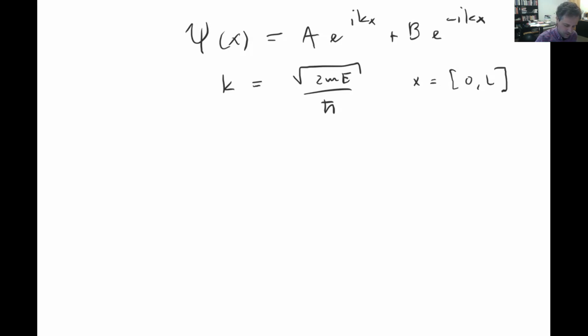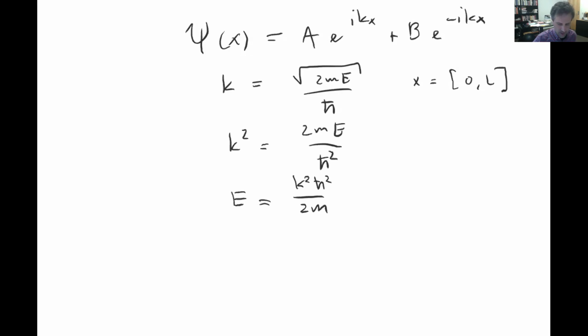We also know that if k squared equals the square of this, then I can actually write what the energy should be. The energy is going to be k squared h bar squared over 2m. So what does that mean? If I can find an expression for k, then I also know what the energy is, because the energy depends on whatever k is.